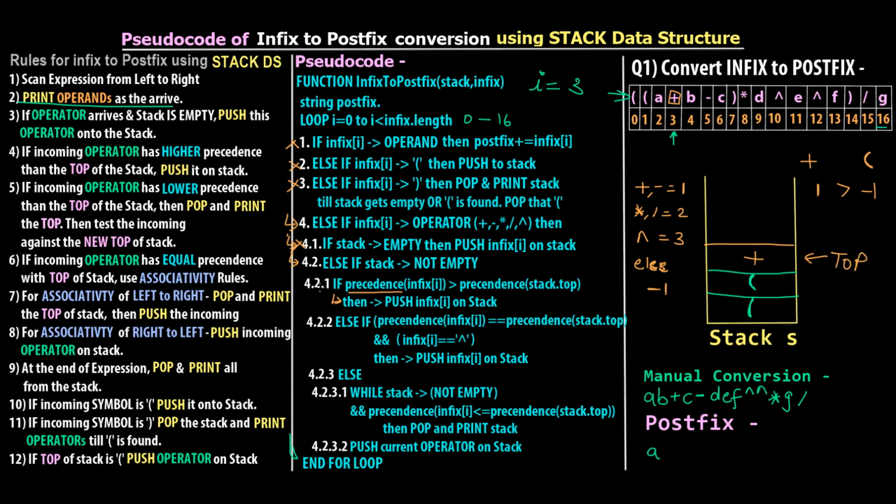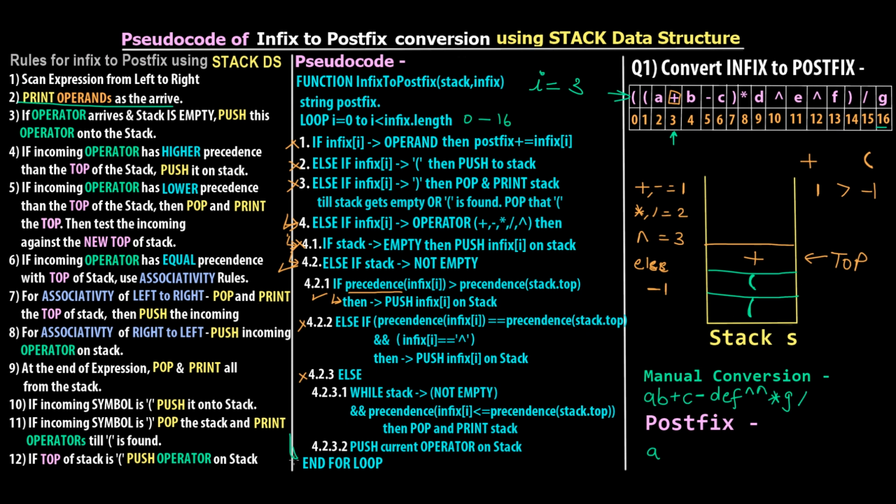Since 4.2.1 is executed, obviously 4.2.2, 4.2.3 will not be executed. So we will come outside this inner if. So essentially 4.2 got executed, that is stack is not empty. So this got executed, which means step number 4 got executed. So we've pretty much covered this iteration. Anything else will not be executed.